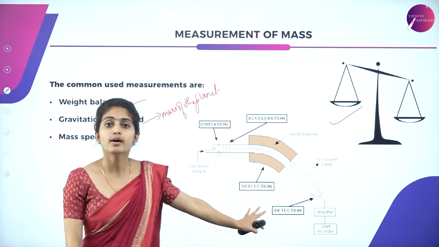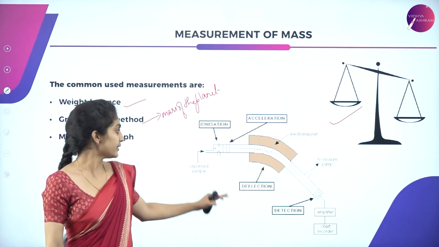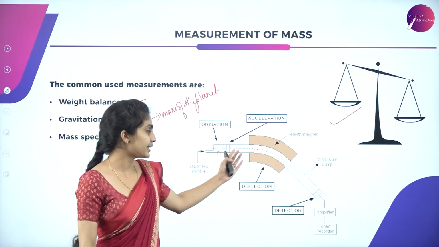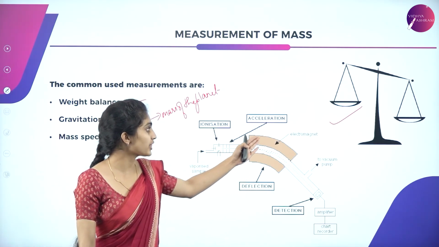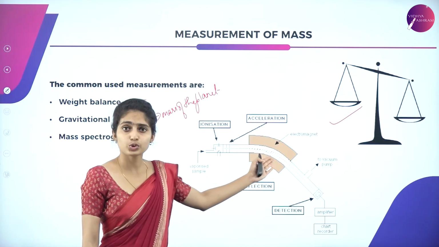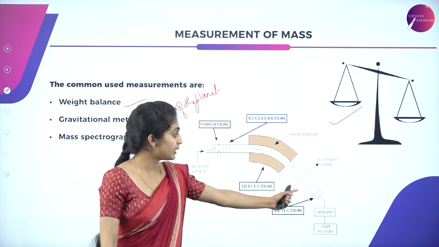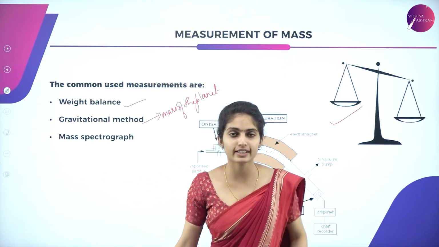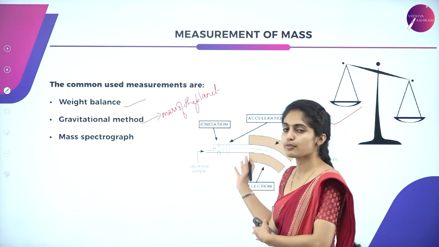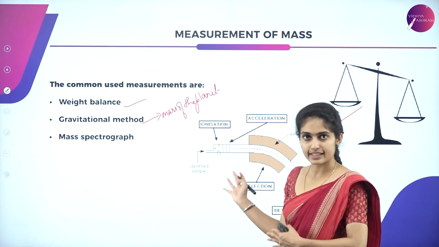So in this mass spectrography method, the sample is sent here and ionization takes place after acceleration. Then an electromagnet is used to focus the beam properly and finally it is amplified here and recorded. So this is how the procedure takes place.